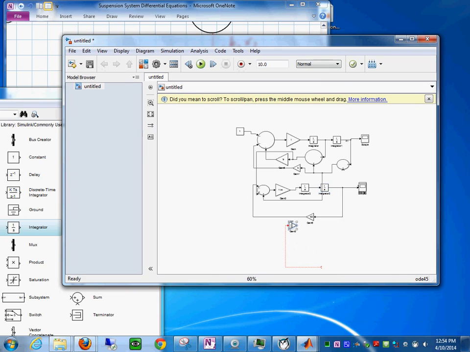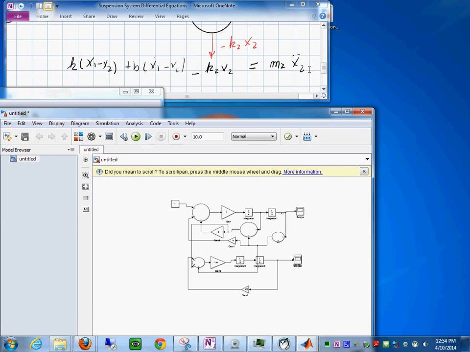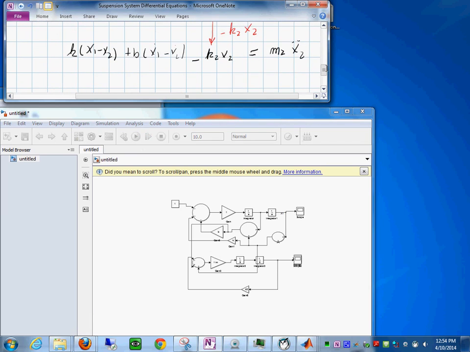Okay, I think we have it now. We have the differential equations. Those two differential equations that we have up here have been introduced into this block diagram.